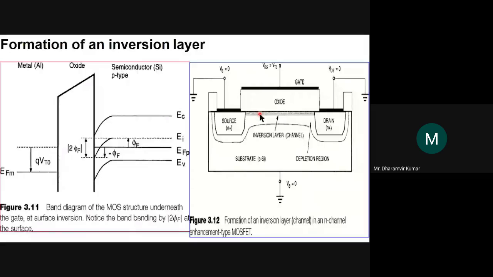If we apply a voltage higher than its threshold voltage, then the inversion layer is formed, although it forms even at VGS equal to VT also. We say that the conducting channel between source and drain has been established. If we keep on increasing the gate voltage beyond VT naught, the inversion layer is still maintained and it becomes more and more strong.